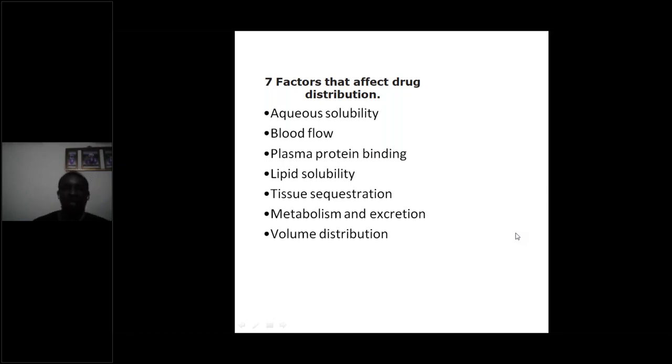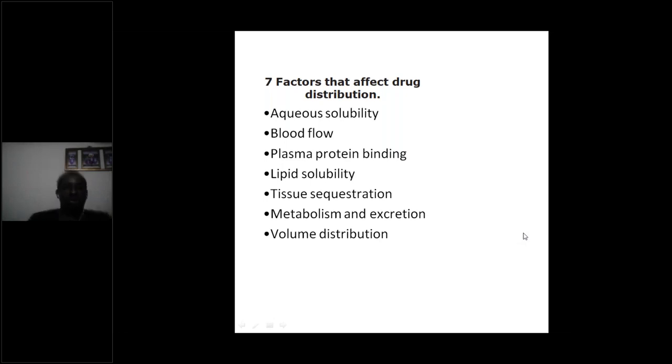We also talked about plasma protein binding, the albumin and other proteins circulating in the blood plasma, whose binding also impacts on the drug. We talked about the lipid solubility of the drug, tissue sequestration, metabolism and excretion, and volume of distribution. So we are going to continue on those items one by one.